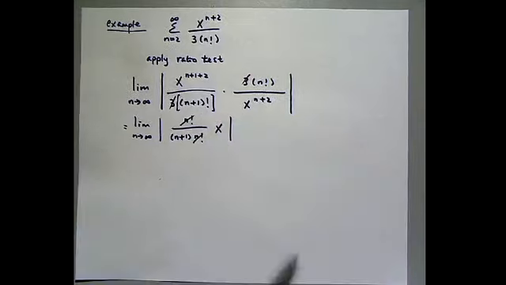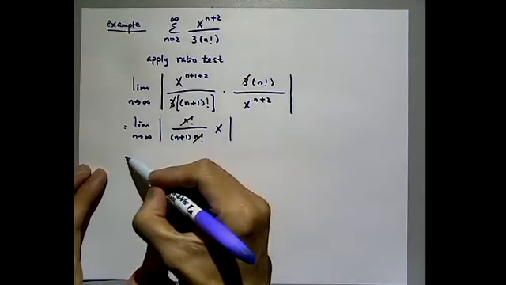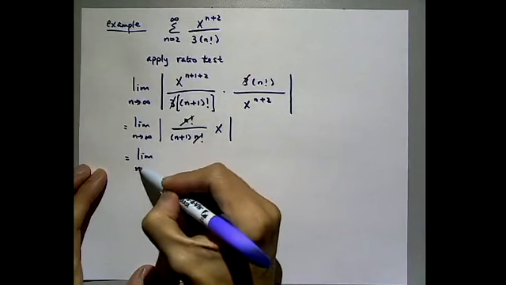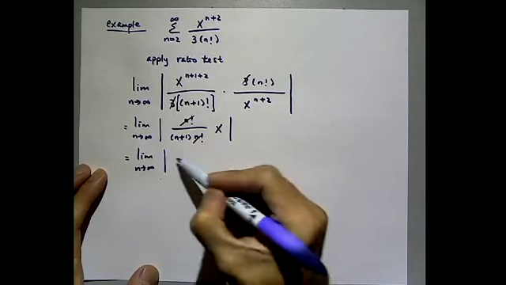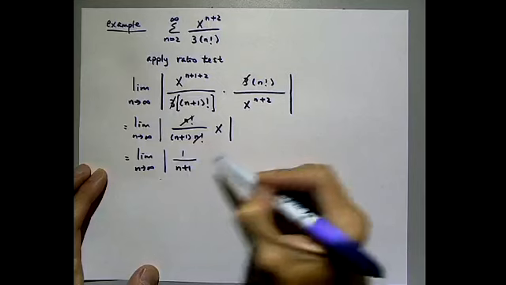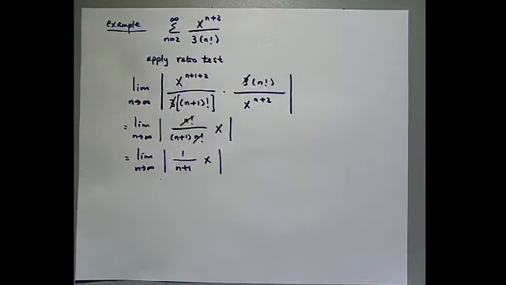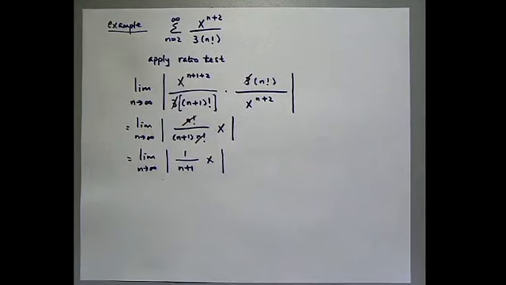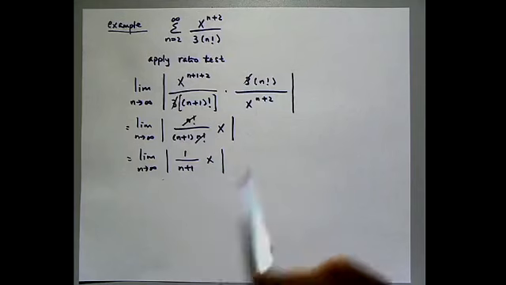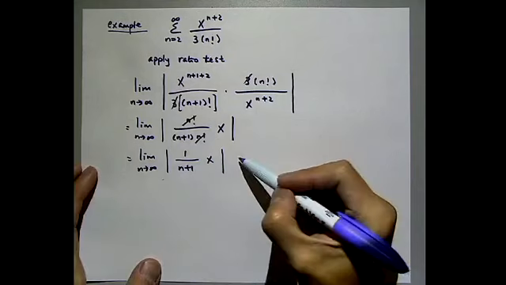And now the n factorials go away. All right, now we let n go to infinity. And what does this do then? Goes to 0, right?